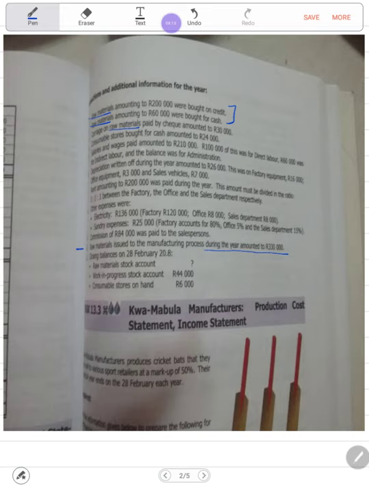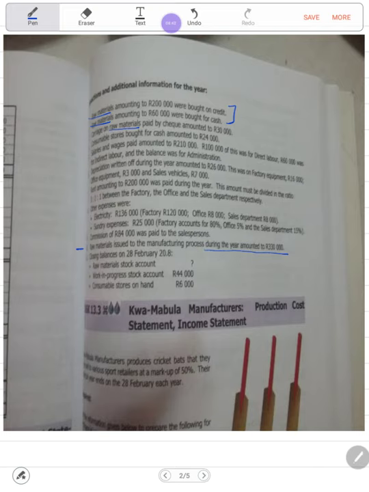Salaries and wages paid amounted to 210,000, and then they specified further for us. Of the 210,000, 100,000 was for direct labor, 60,000 for indirect labor, and then the balance would be for administration. Now remember, ladies and gentlemen, I am only interested in the direct labor at this point.